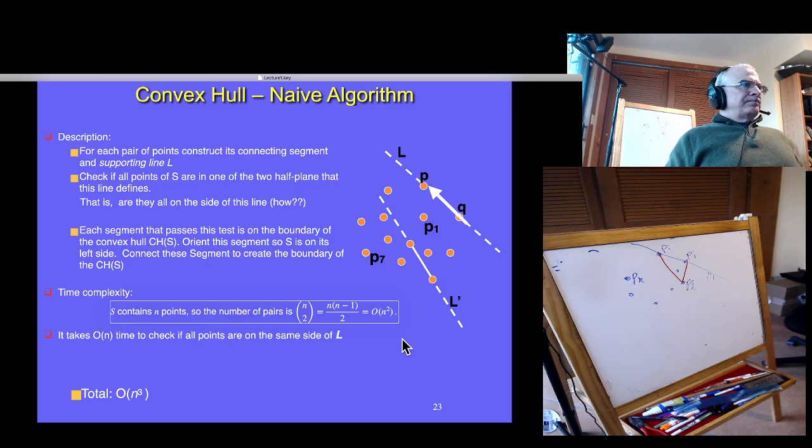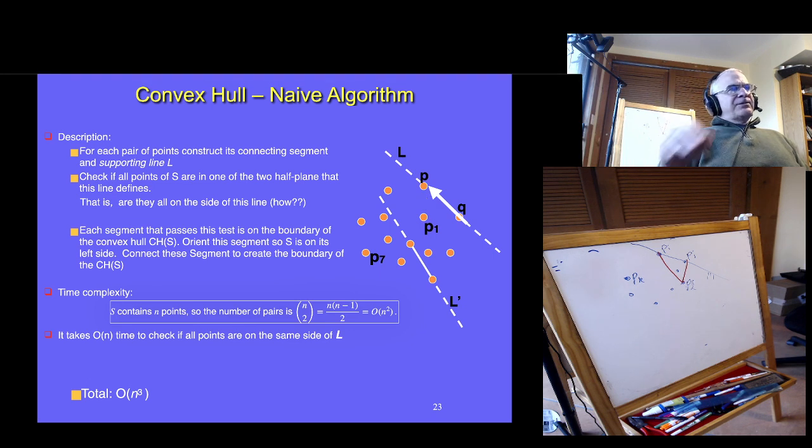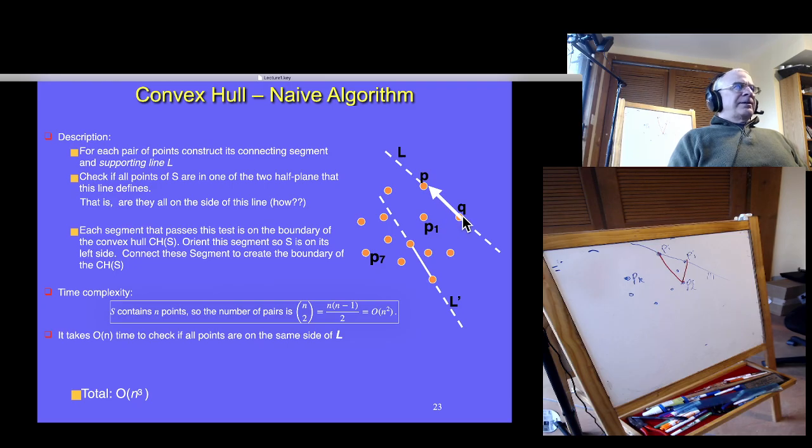And once we find a line where all the points of my set are on the same side of the line, I figure out that this line contains an edge of the convex hull, and just continue finding all these edges. Furthermore, I'll direct all these edges so they are all pointing counterclockwise or all pointing clockwise.